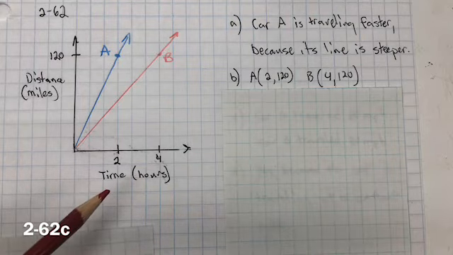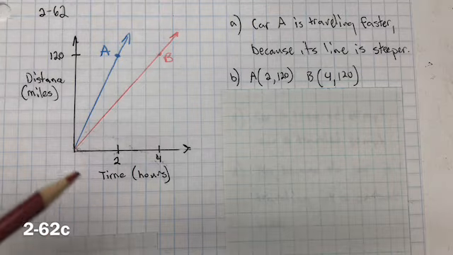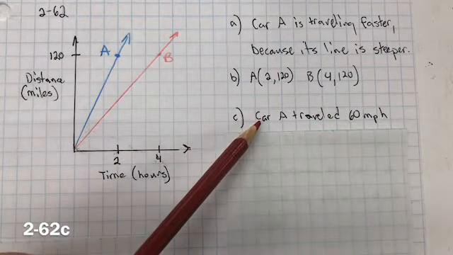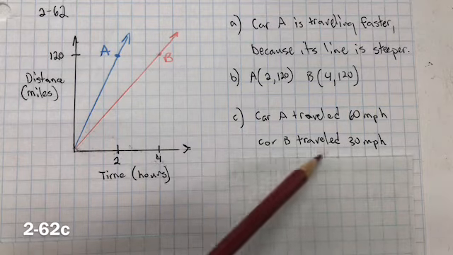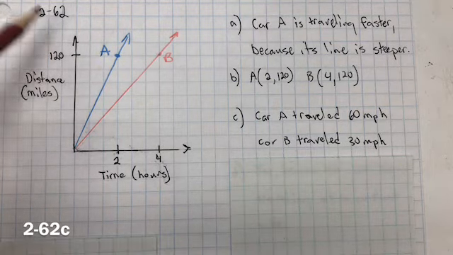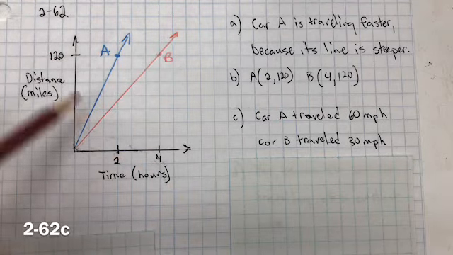C, how fast did car A travel in miles per hour? How fast did car B travel? So car A traveled 60 miles per hour and car B traveled 30 miles per hour. The way you do that is you divide the distance by the time.